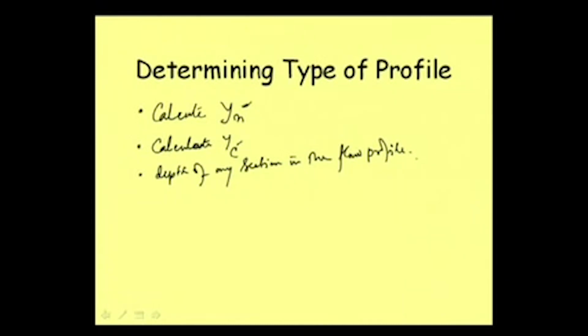Once we know these things, if our yn is greater than yc, this gives us a mild slope.